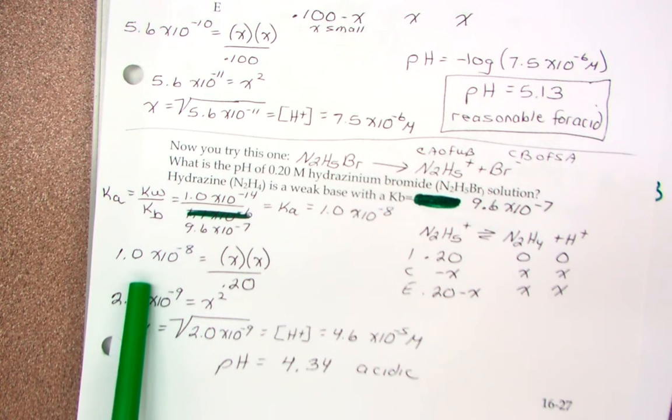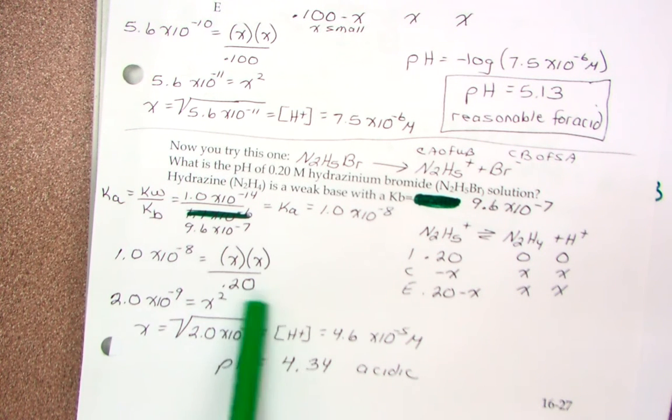And then we plug in our Ka, x times x divided by 0.2. We solve for x, which represents the hydrogen ion concentration, 4.6 times 10 to the negative 5th molar. So the pH is 4.34, which is acidic.